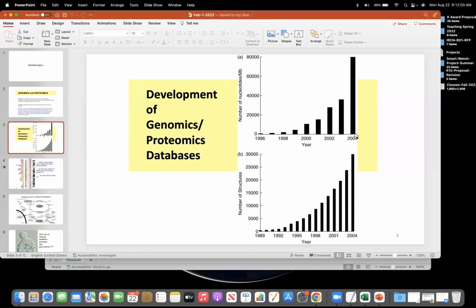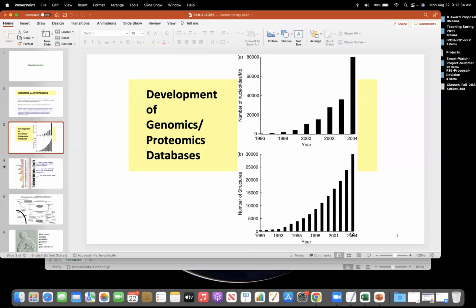So there is a very significant improvement in the number of DNA sequences which were sequenced and which were deposited in these data banks. And the same is true for the proteins, right? So in 1989, you had less than 1,000 protein structures which were known, and then that improved to like 30,000 protein structures in 2004.